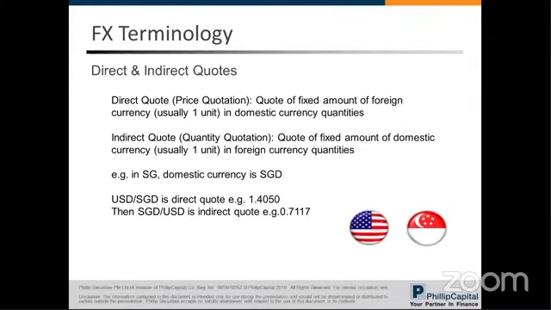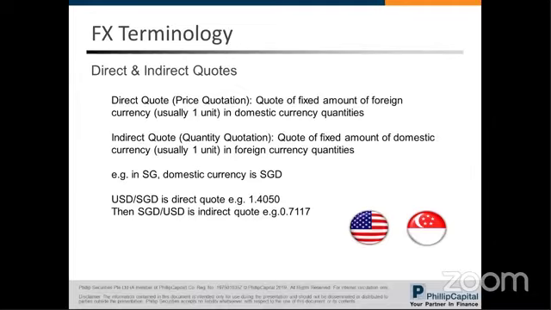Likewise, for quotation itself, we have the direct quote and the indirect quote. The direct quote depends on the location and the major currencies traded at that place. The formal definition of a direct quote is the quote of a fixed amount of foreign currency, like 1 unit, in terms of the domestic currency quantity.